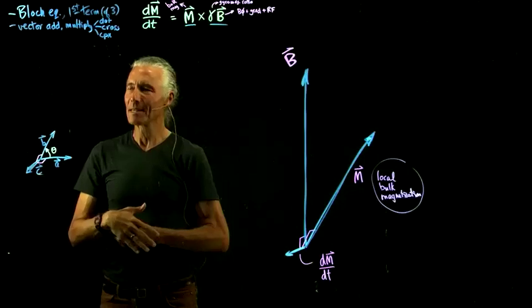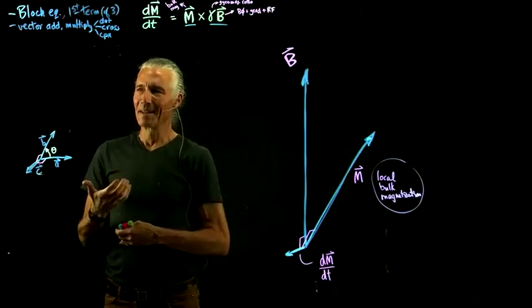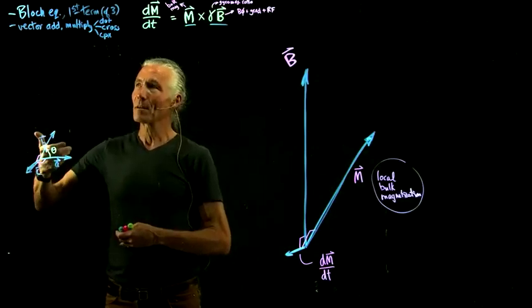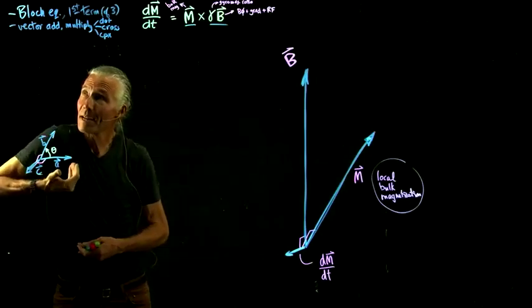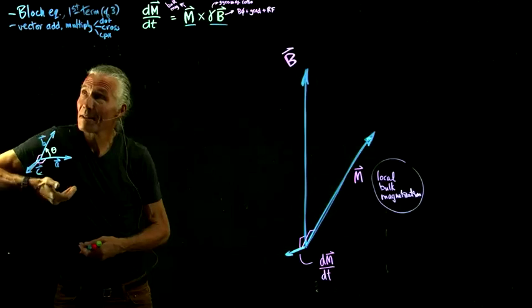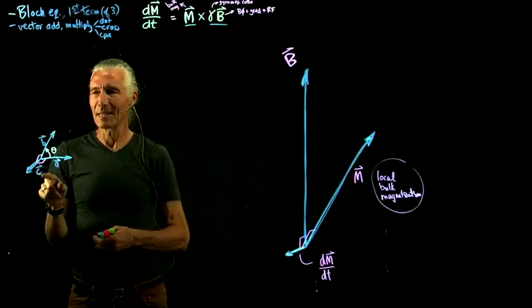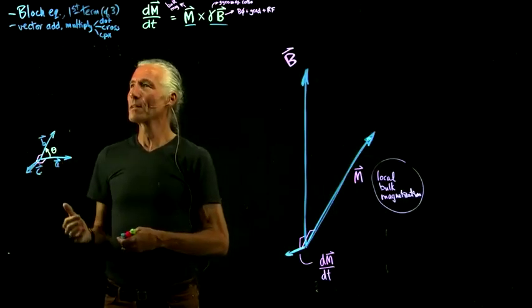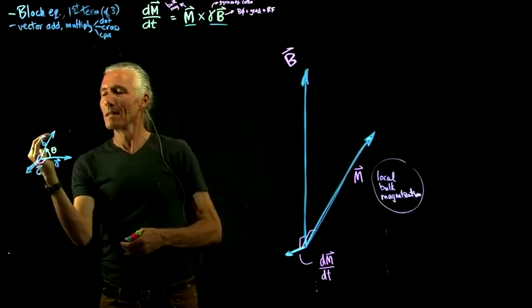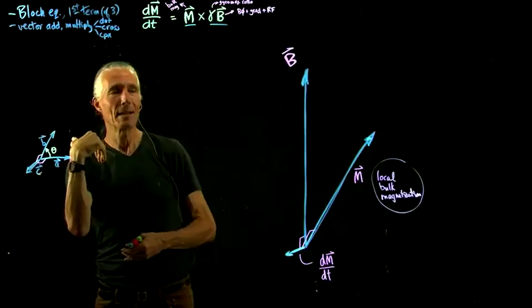If you sweep your fingers with your right hand from vector A to vector B, like this, your thumb should point in the direction of C. If you sweep your fingers from B to A, you'll see that your thumb points the opposite direction.